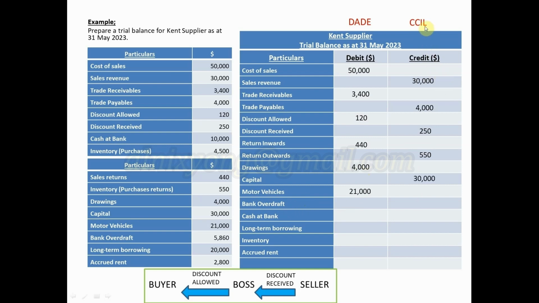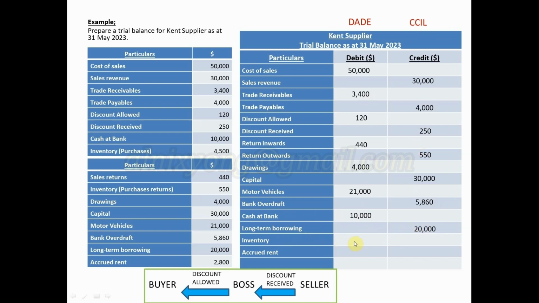That's why it is considered a liability under the credit side. How about cash and bank? Cash and bank are current assets under the debit side here. Long-term borrowing means you borrow some huge amount from the bank. This is considered a liability. So I put it under the credit side.